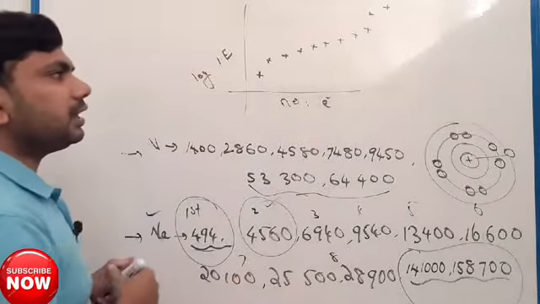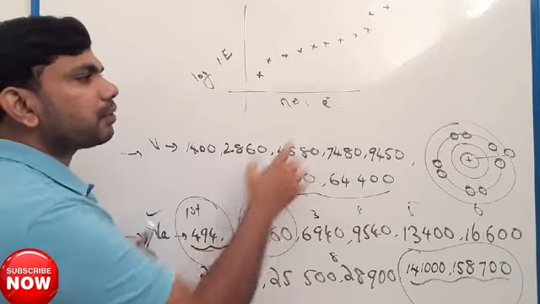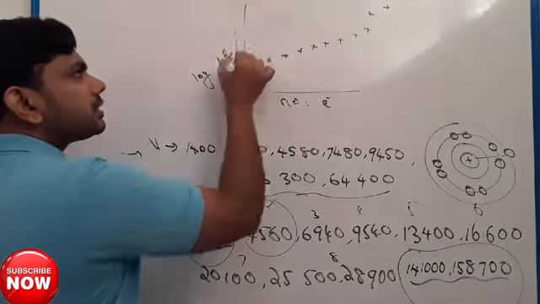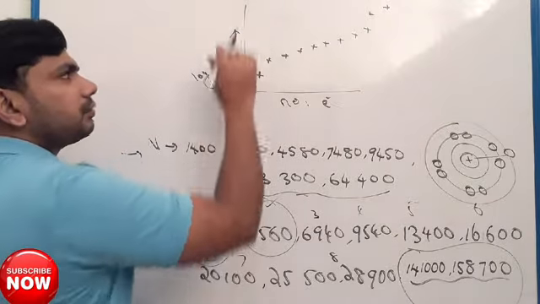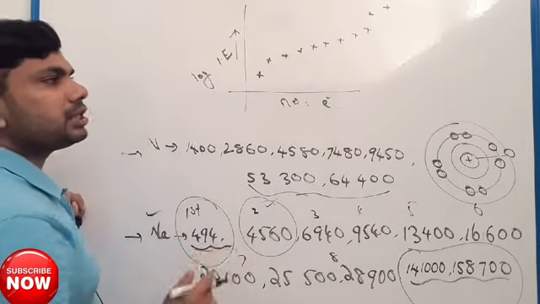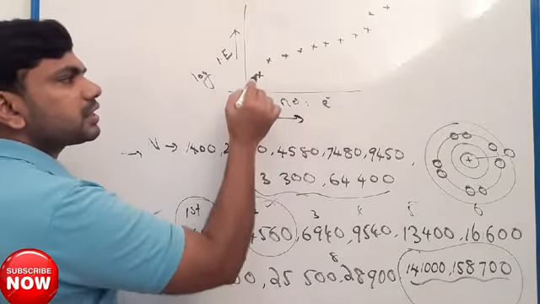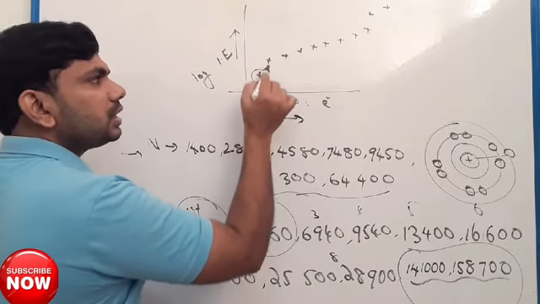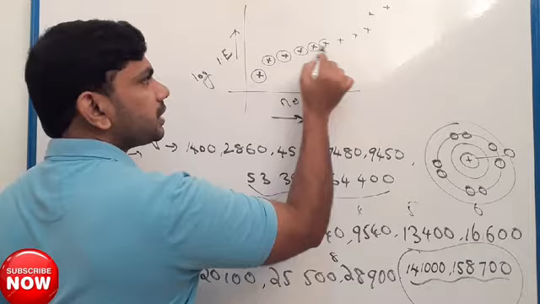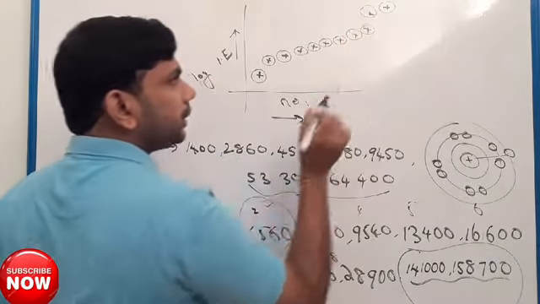So this graph indicates log ionization energy and number of electrons. Okay, so here ionization energy increases from bottom to top. Ionization energy increases, and this is number of electrons. Look here, this is first outer shell electron, second outer shell electron, third, fourth, fifth, etc. So this graph indicates sodium.